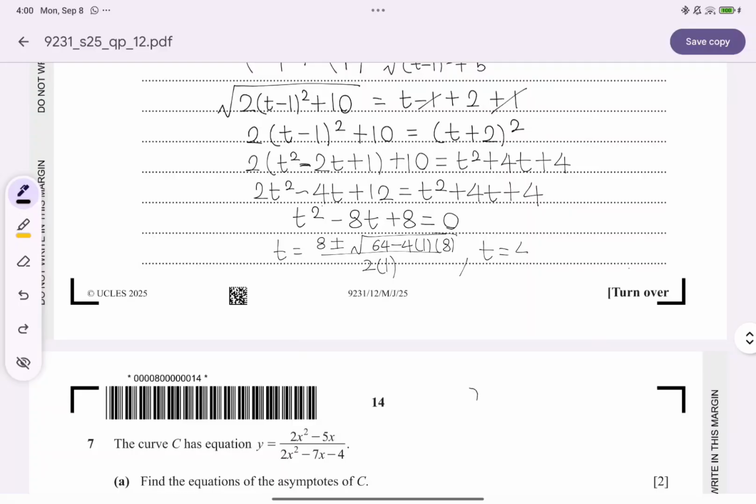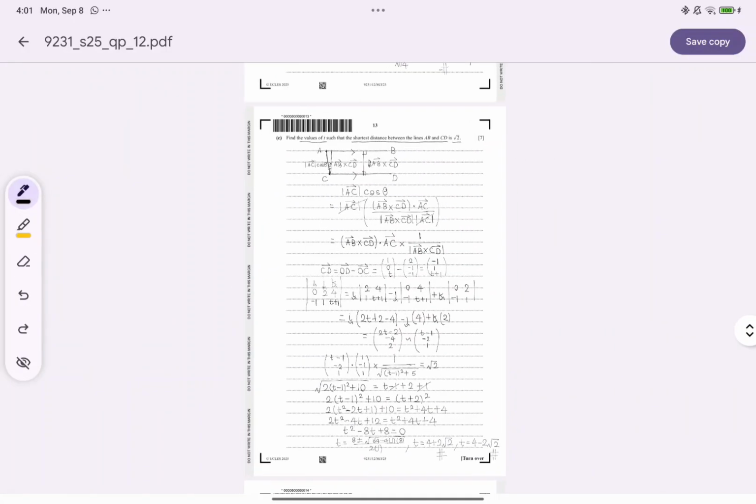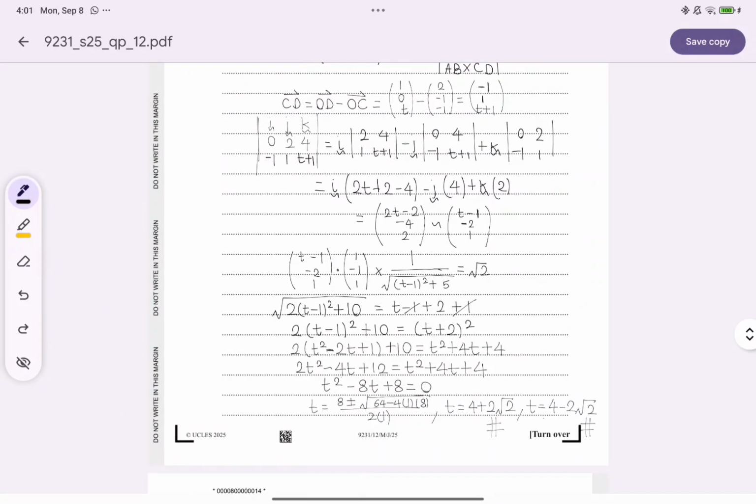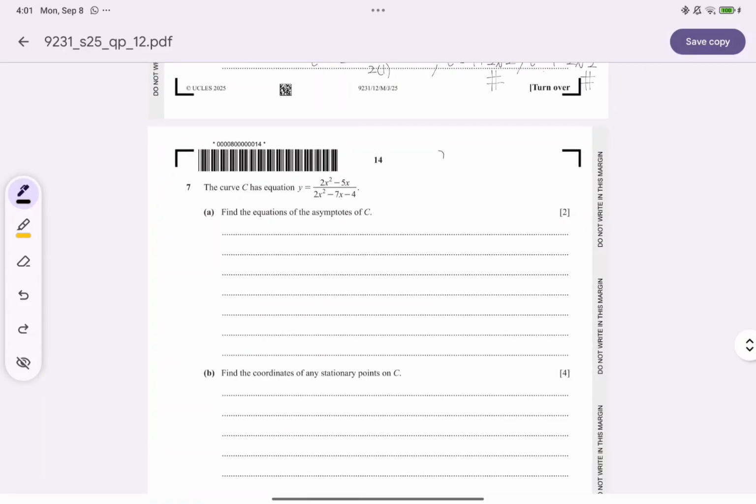So this would give us t equals 4 plus 2 square root 2, and t equals 4 minus 2 square root 2. So this is our final answer for this question. These are the values of t. Let's head on to the next question.